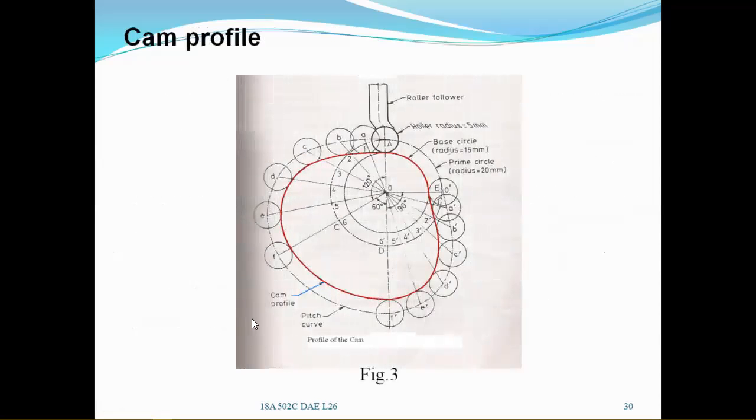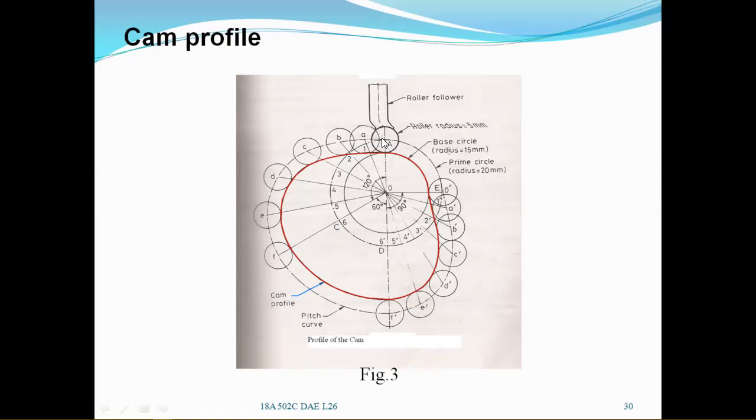Now the cam profile for this problem. Here, take O as center and take the minimum radius, and with this draw the base circle. By adding the radius of the roller to this radius, you will get the prime circle, which you can also draw.